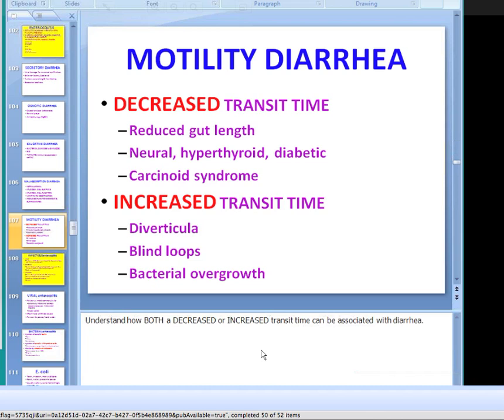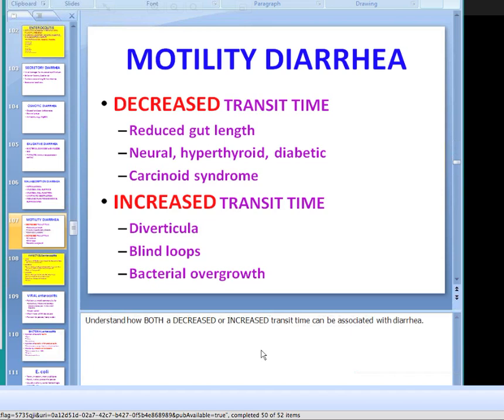On the other hand, let's say that you have an increased transit time and that food is being in your bowel too long. Well, the longer your poop is inside the intestine, the more likely your normal flora is going to get really nasty and cause a bacterial kind of a picture.